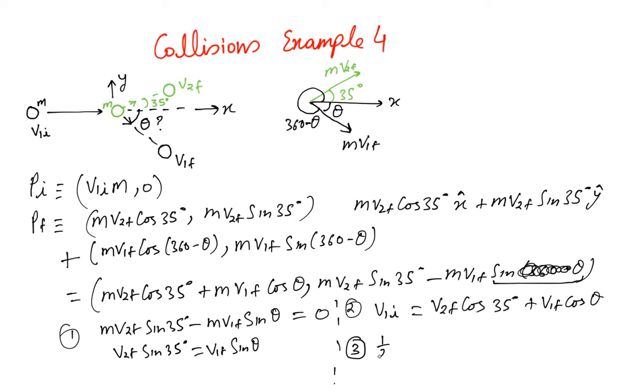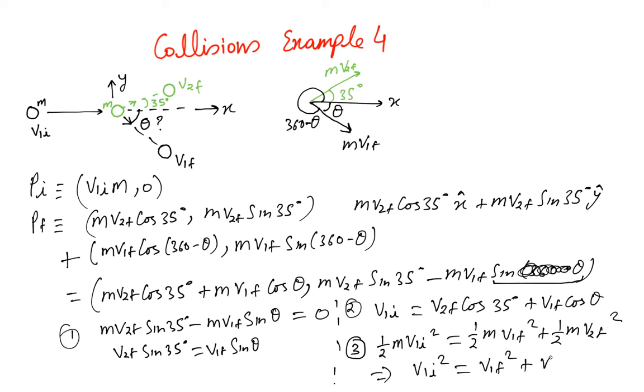So we can write half mv1i squared equals half mv1f squared plus half mv2f squared, and that gives us v1i squared equals v1f squared plus v2f squared.